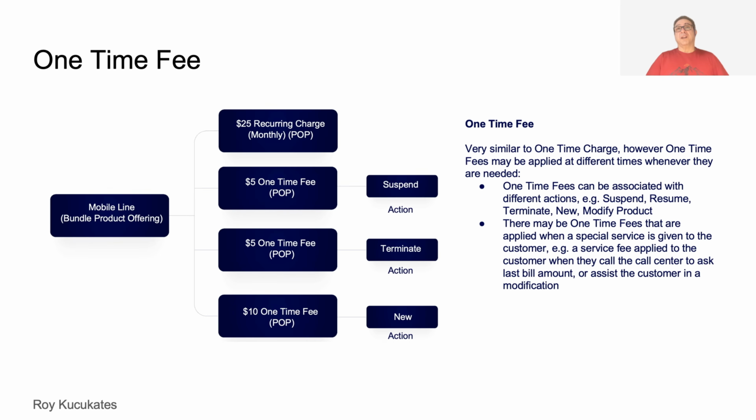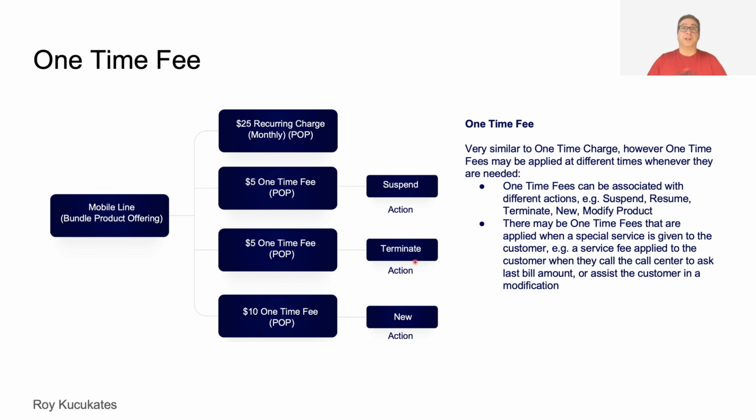Coming to the one-time fee, this is something that we recommend because prices can be associated to actions. So, for example, if you have a mobile line, you want to charge a $25 recurring charge to the customers, and whenever he wants to suspend the subscription, you may want to charge a $5 one-time fee because of that action.